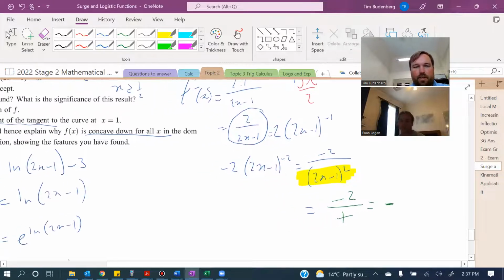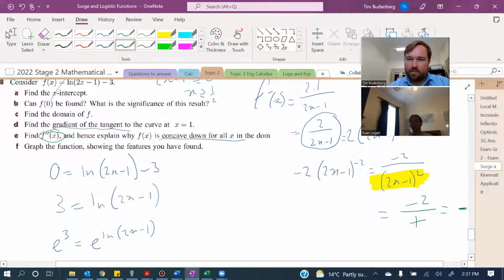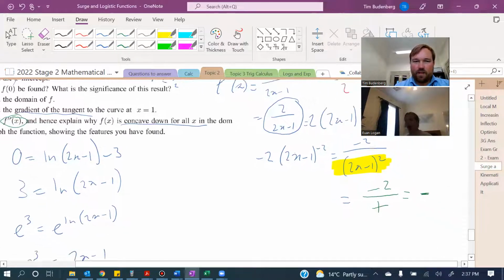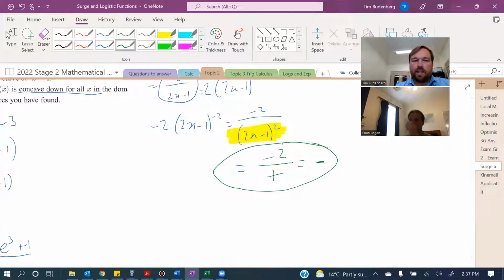What that means is that f double dash x is always going to be negative for all values of x. You'll have to write down something more fancy, but that's the crux of the explanation: the denominator will always be positive and therefore the second derivative will always be negative.